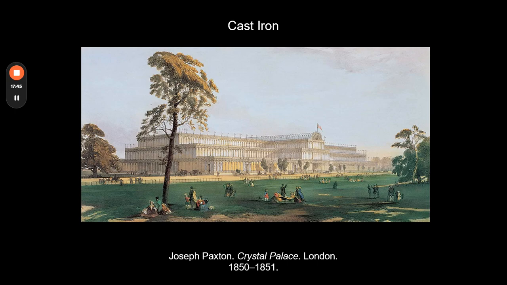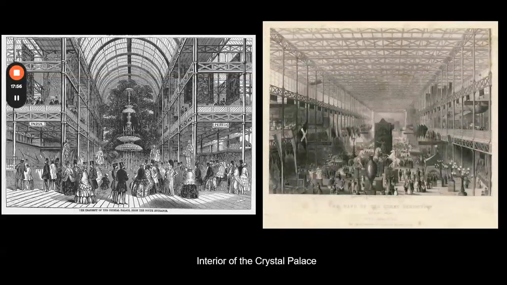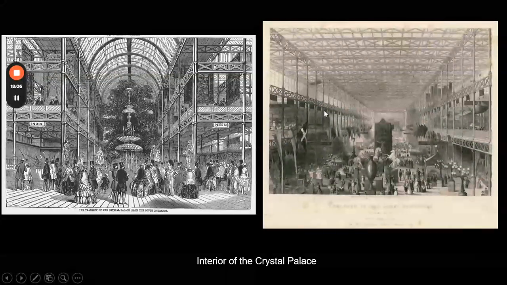So here in the mid-19th century, you can see that iron starts to be used as a construction material. As far as the method of architecture, this is basically just post and beam and a barrel vault, a round arch. The innovation here isn't in the design of the structure so much as what the structure is made of.